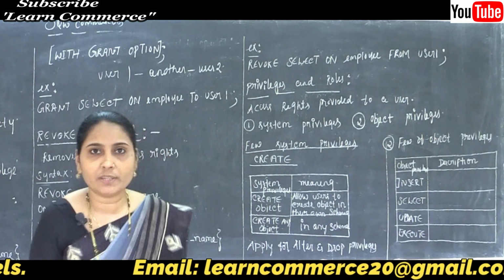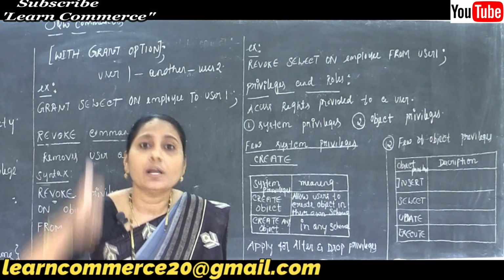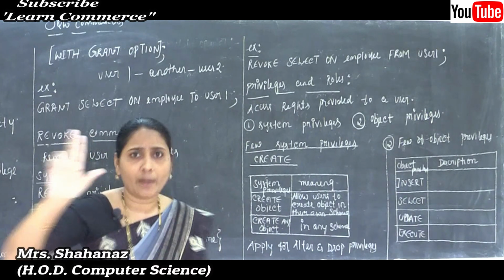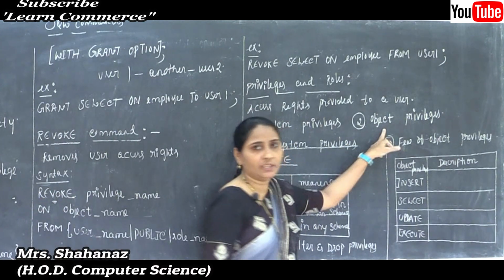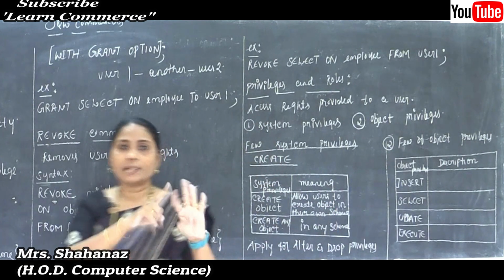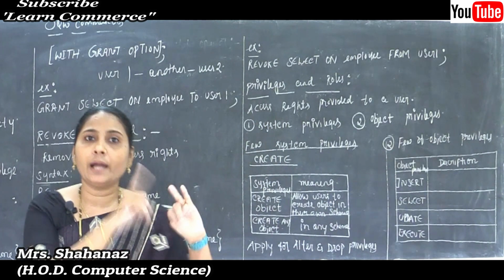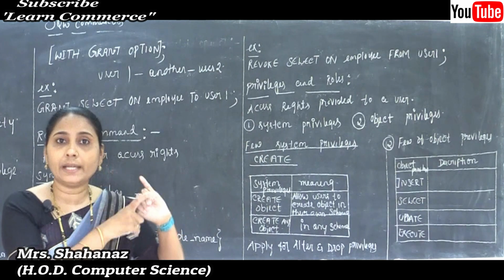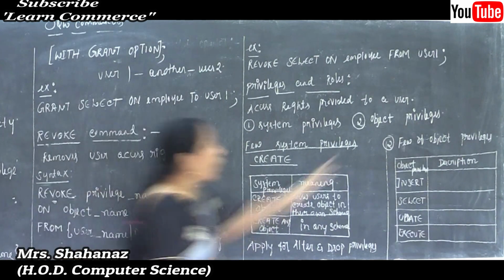So the system as well as the object privileges. System privileges: create, alter and drop commands. And the object privileges are update, select, insert, and delete. Clear? Everything like delete comes under our object privileges.